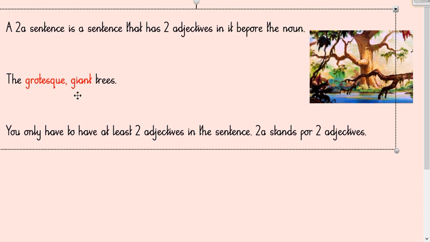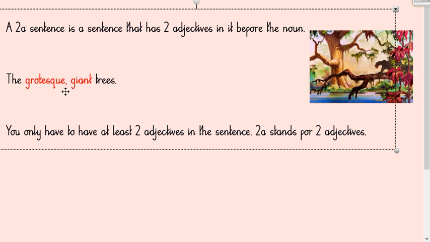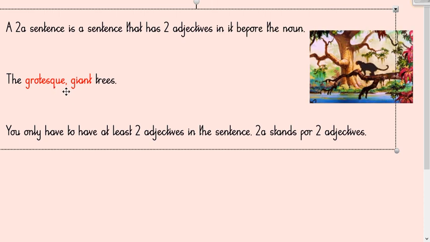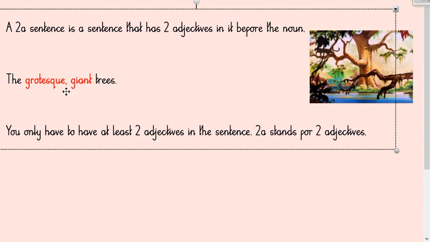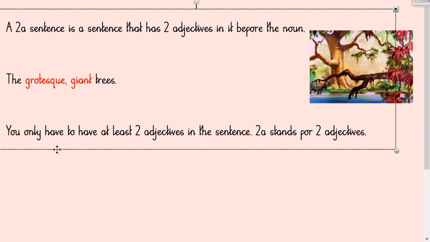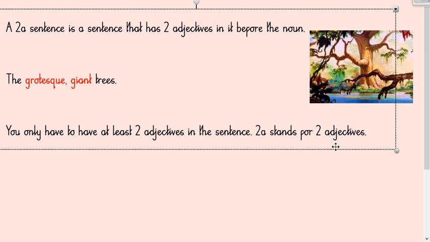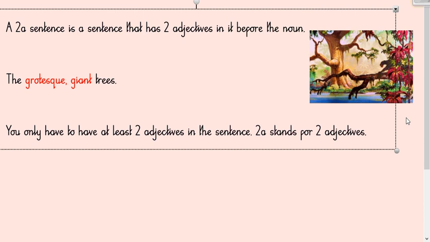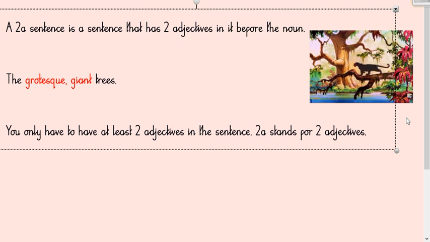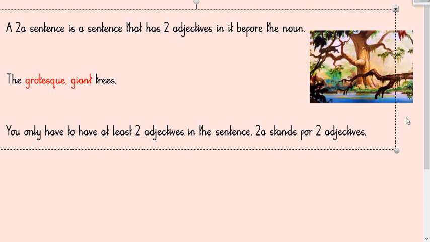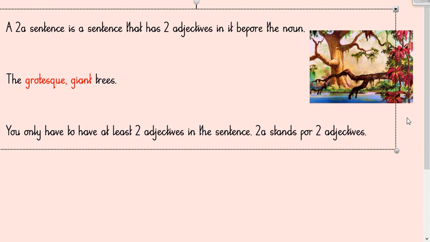Both of these adjectives are separated by a piece of punctuation called a comma. You only have to have at least two adjectives in the sentence, and 2A stands for two adjectives. Easy peasy.